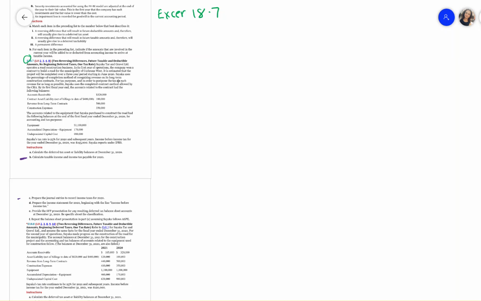Now, they're saying that the company uses a percentage of completion method. For accounting purposes, you could use ASPE or IFRS. What they're using is a percentage of completion method to record revenue and expenses. IFRS recognizes the percentage of completion method, whereas Revenue Canada, the CRA, does not.